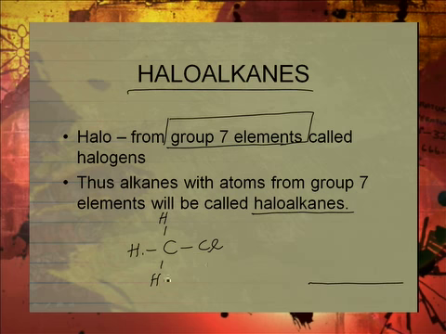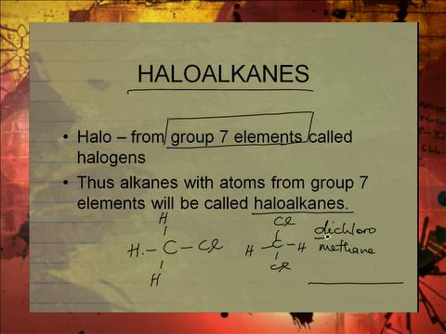I can have more chlorines coming in here. So I may have this one, for example, chlorine there, hydrogen, hydrogen there. This then becomes dichloromethane, di for 2. So you've got 3, it will be trichloromethane.